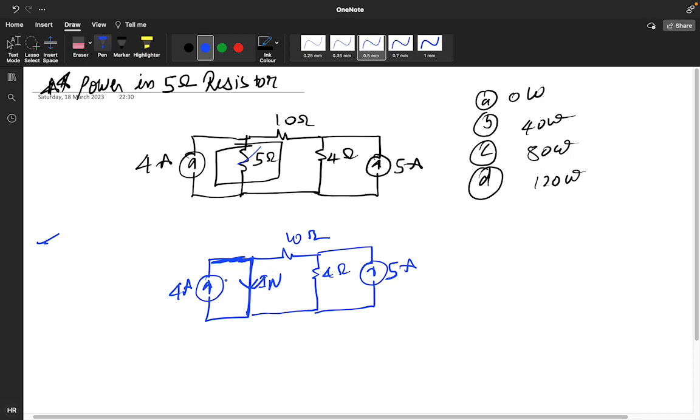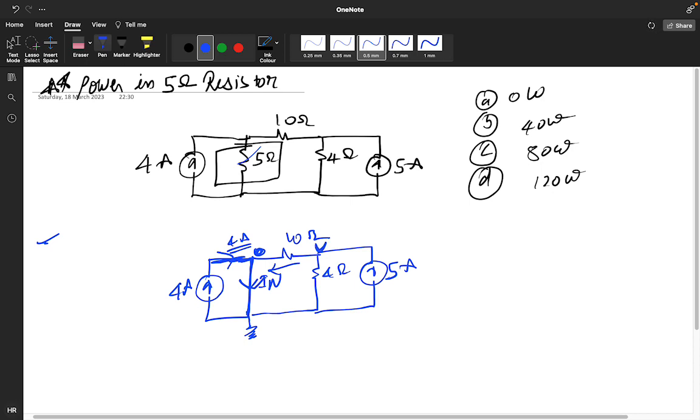If you short circuit, this 4 ampere current is flowing from here. Some current will also come from this side, right? And this voltage is 0 because I am taking it as ground. So you need to find the value of this particular current.